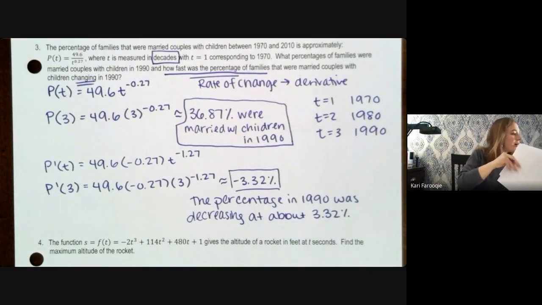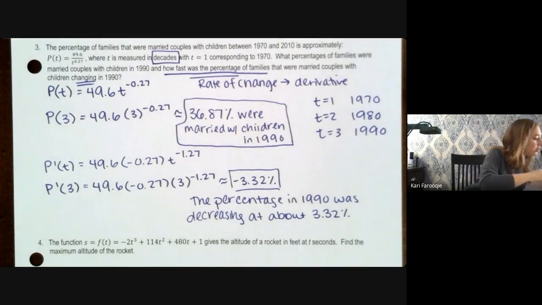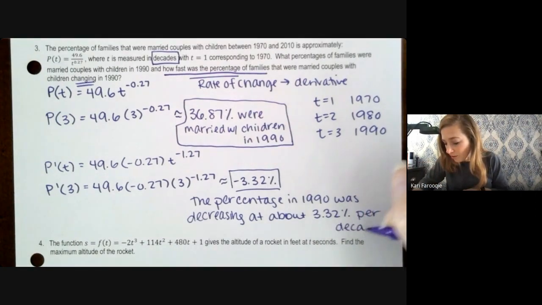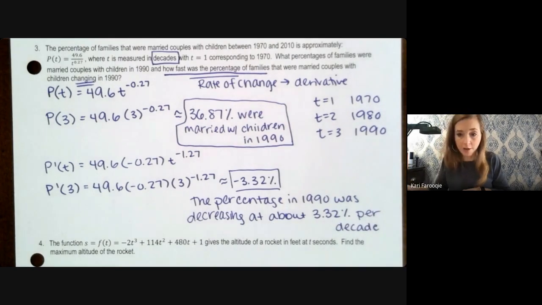And when we talk about that percentage, we are thinking about that as changing per decade. Because it's changing over time, and the quantity that you are looking at regarding time is in decades. So in 1990, the rate was decreasing at about 3.32% per decade.